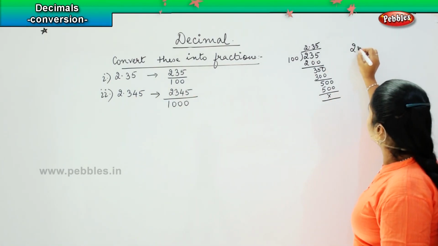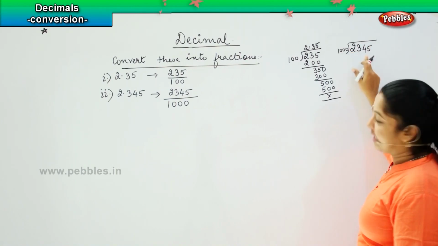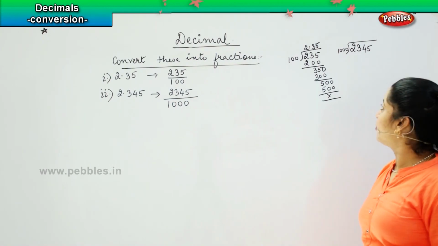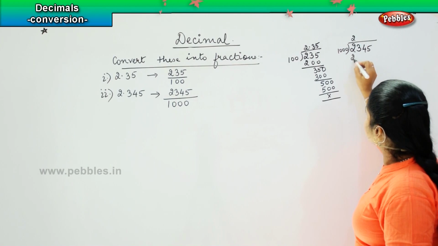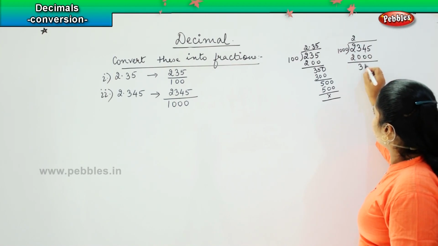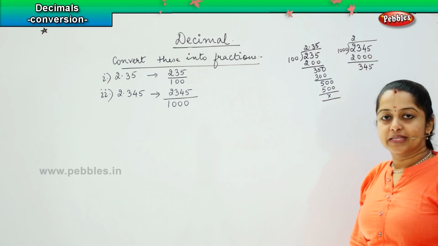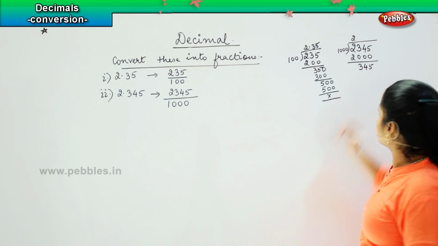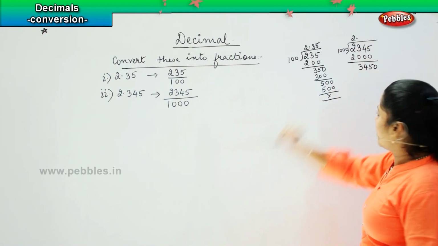Okay. So now 2345 divided by 1000. So how many times will it get divided into 2345? 2 times, right? So this gets divided 2000 times and the remainder is 345. Is it possible for me to divide 345 by 1000? No. So now I am going to put a decimal over here and add a 0 over here.